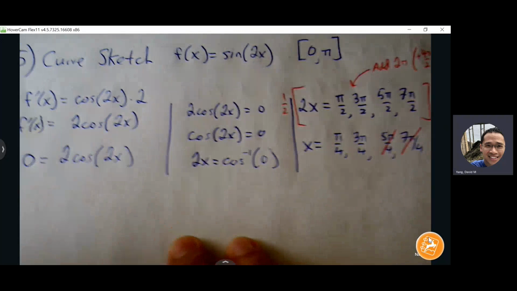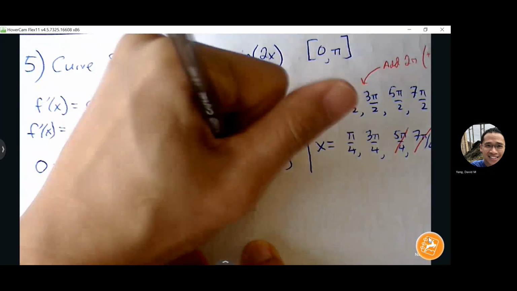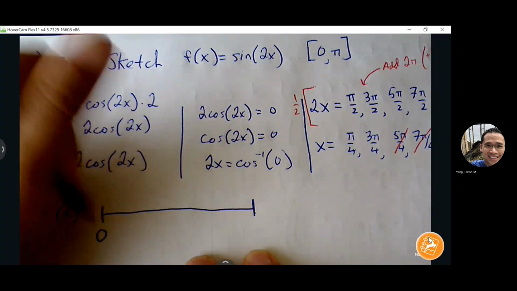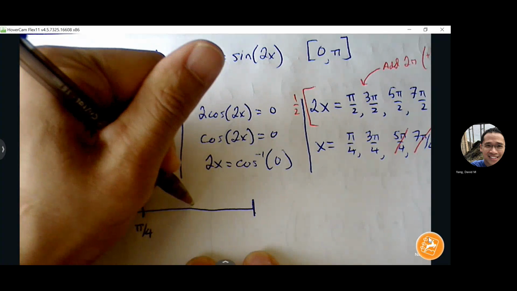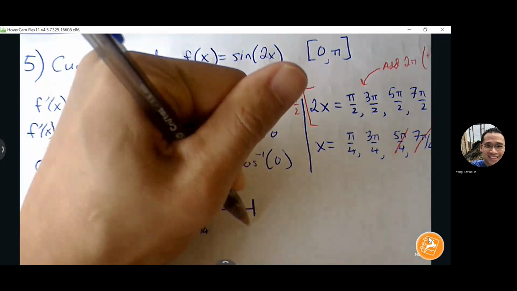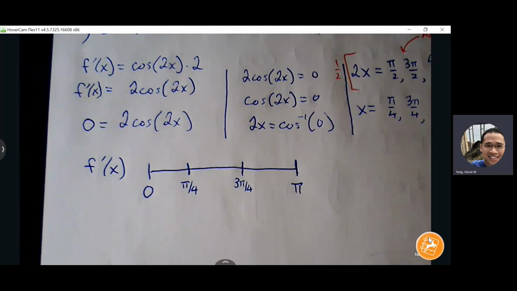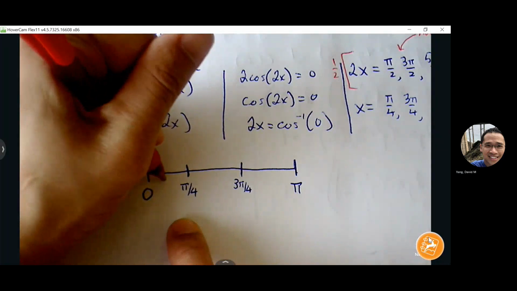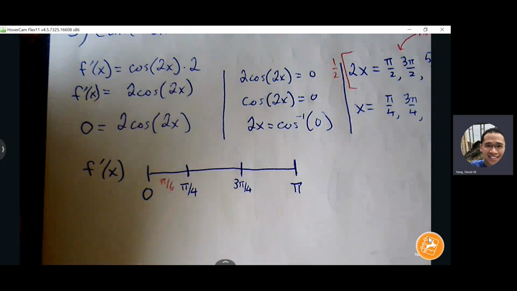We create our slope sign line. Choose values in each subinterval. Again, the graph is going to be nice and alternating.